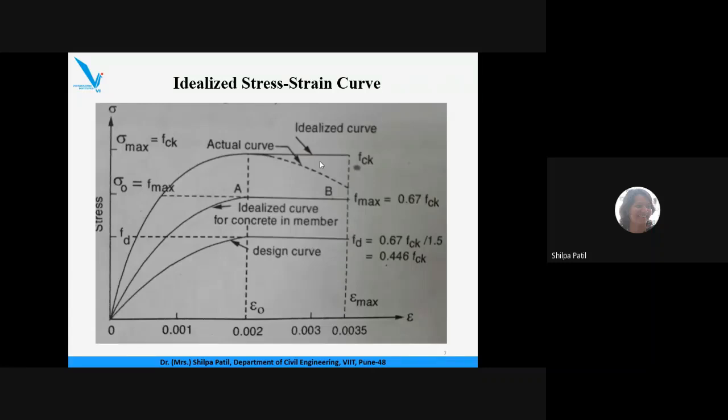Everything we have discussed. What I want to notice here is that we are using cubes in India for finding the compressive strength. In some other countries like USA or UK or even in Europe, people are using cylinders. They are not casting cubes.